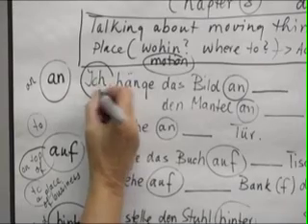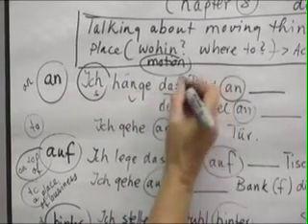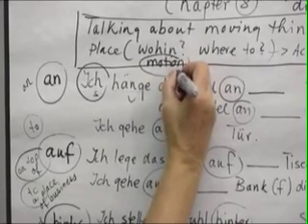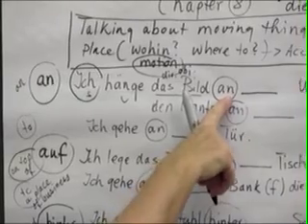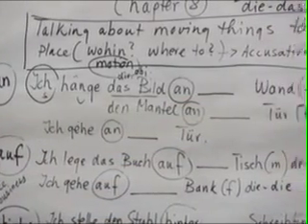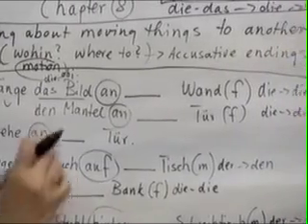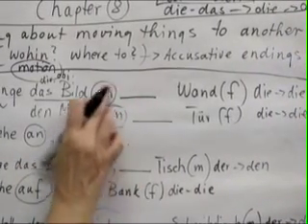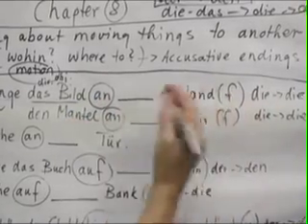So we have a subject. Hänge is the verb. Das Bild is the direct object. So it's a regular sentence structure. And now we have the preposition an. And since we are moving the picture to the wall from someplace else, we have another accusative. And this second accusative is because of an and because of motion.